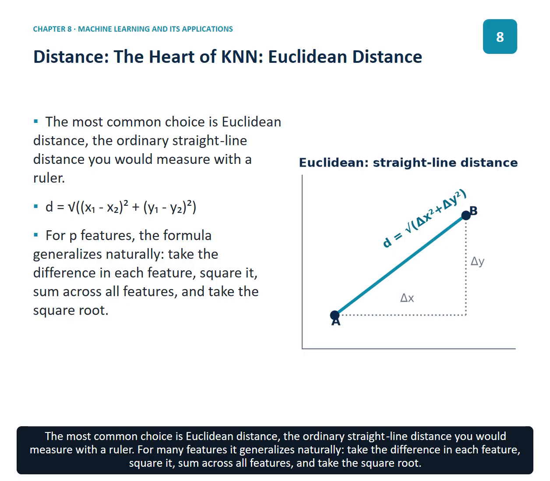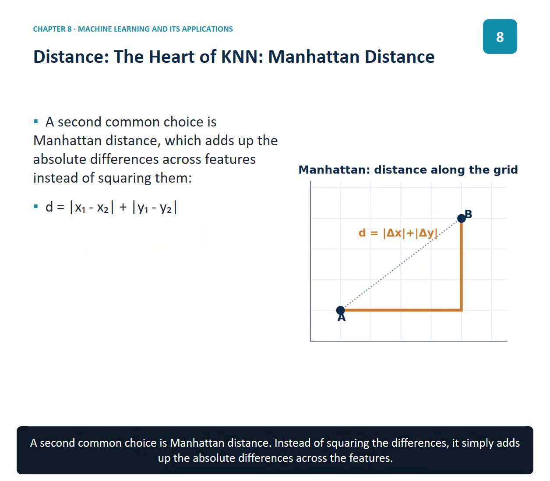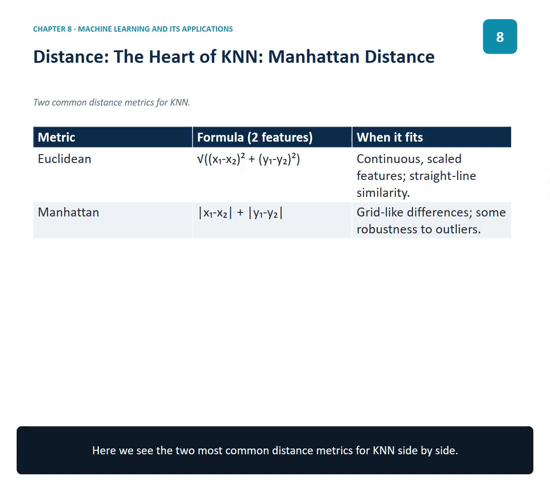Take the difference in each feature, square it, sum across all features, and take the square root. A second common choice is Manhattan distance. Instead of squaring the differences, it simply adds up the absolute differences across the features. Here we see the two most common distance metrics for KNN side by side.